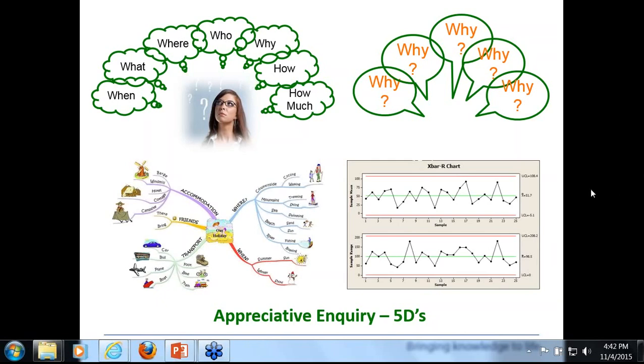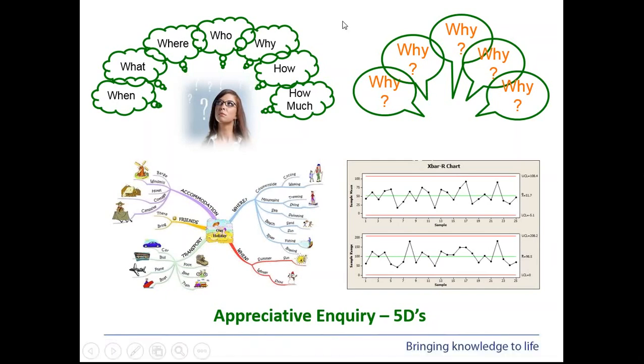Very well. Another tool that we use is Appreciative Enquiry, the 5 Ds this time. The classical way of interpreting problem solving normally is to focus on the problem. With 5 Ds, we do it a bit differently.